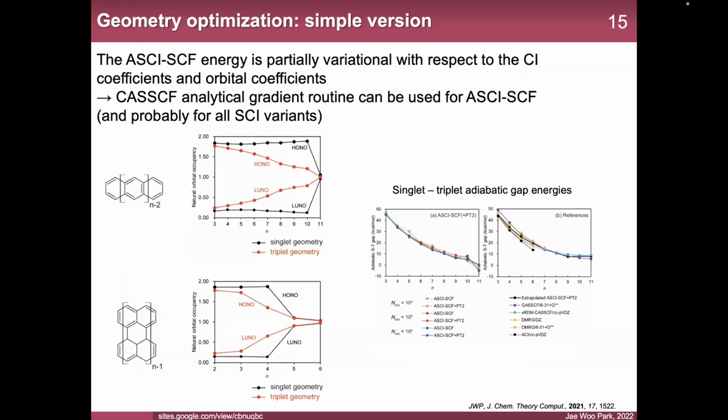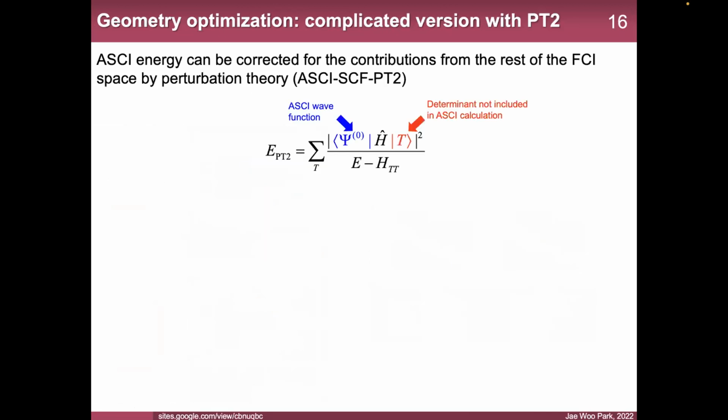Then, for the truncated CASSCF, I proceeded to geometry optimization. The ASCI-SCF energy is partially variational with respect to the CI coefficients and orbital coefficients, and the CASSCF analytical gradient routine can be used for ASCI-SCF. So I optimized this kind of system, and I evaluated some adiabatic gap energies like this, and it was possible.